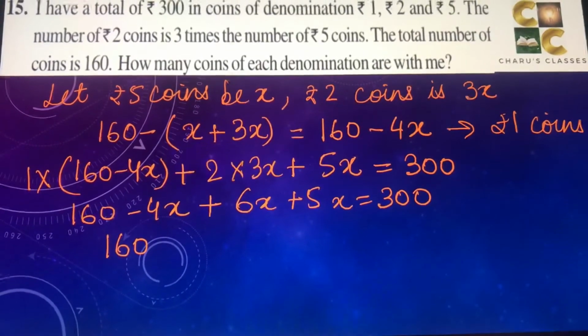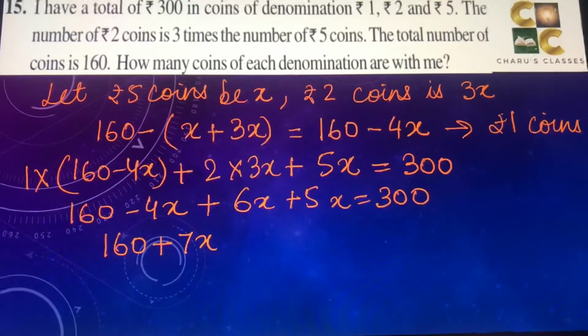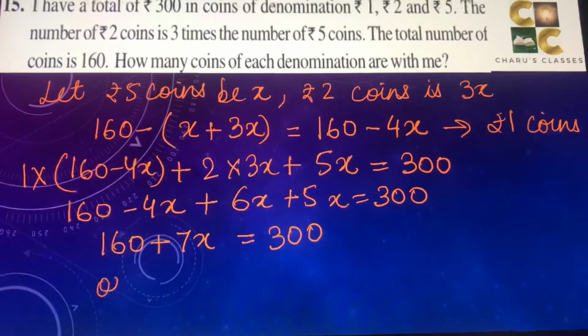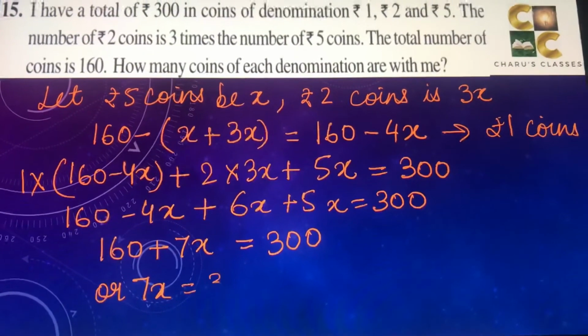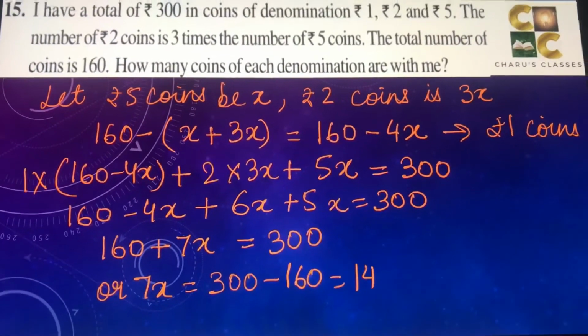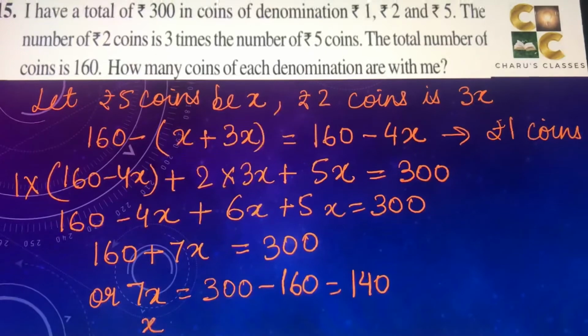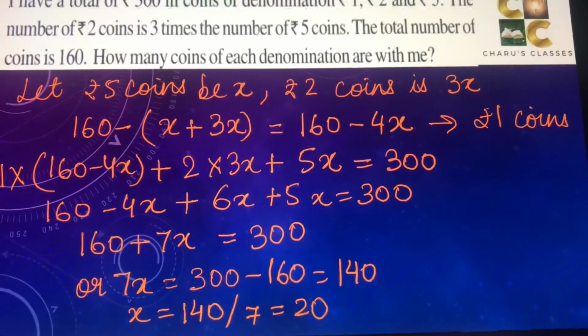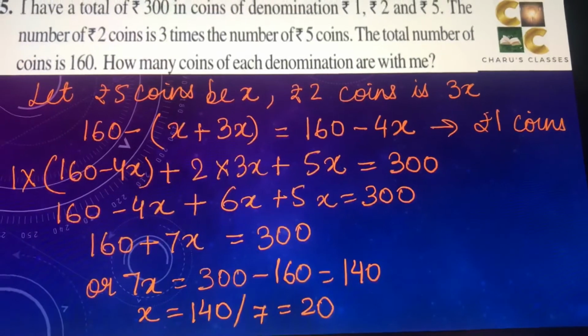We have 160 plus 7x is equal to 300, or we can say 7x is equal to 300 minus 160, which is 140. So x is equal to 140 divided by 7, which comes 20.